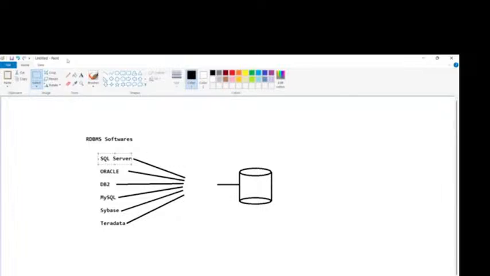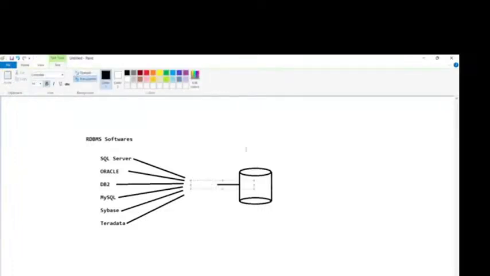Exactly the same way, the SIM replacement for all these database softwares to work on the database is SQL. As a SIM is for communication between the service provider and your mobile, exactly the same way.